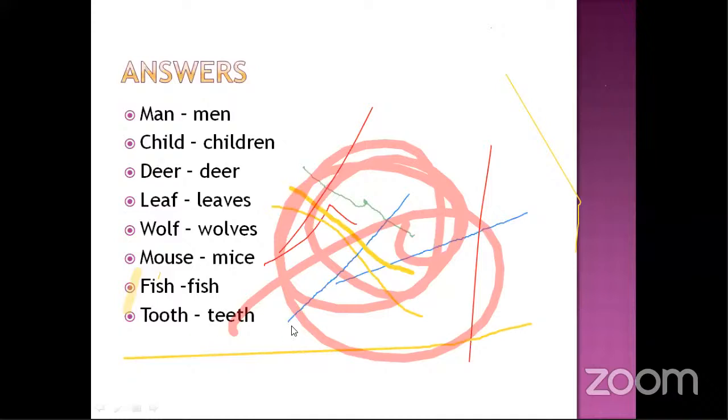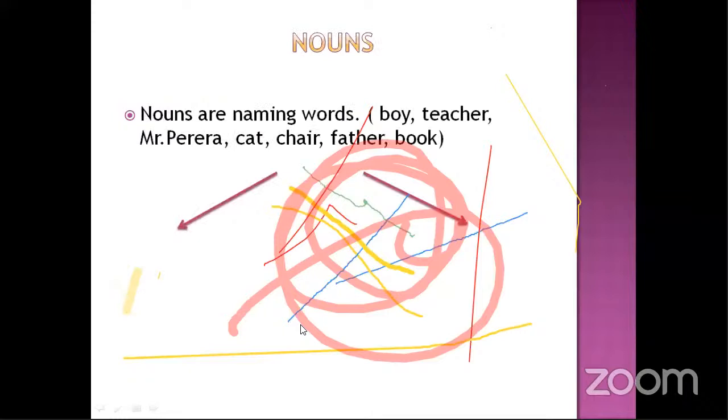You have some idea about this. Can you guess what we are going to do today? Plurals. Before starting our lesson, I would like to draw your attention to nouns. Can you remember? You have learned about nouns in your primary classes.